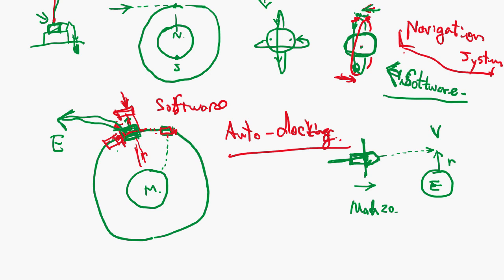So what it does is intentionally make this V Mach 20, and intentionally this is going to go on an elliptic orbit. So it looks like it's bouncing here. It's not coming here. It's bouncing.